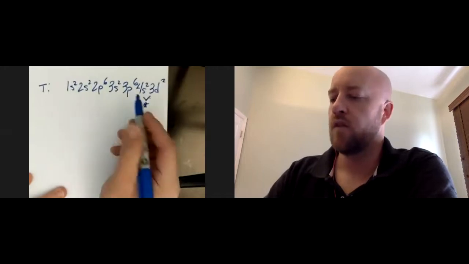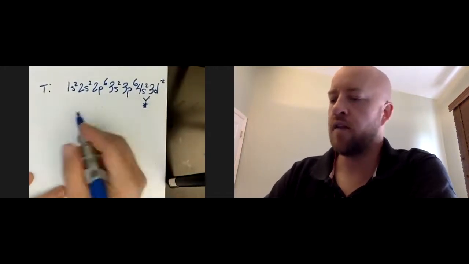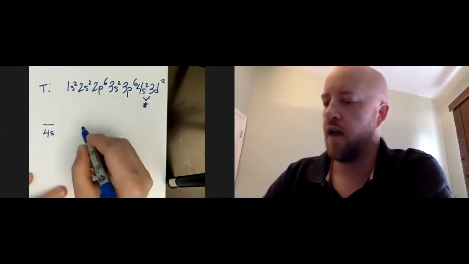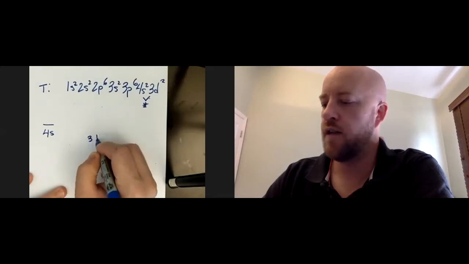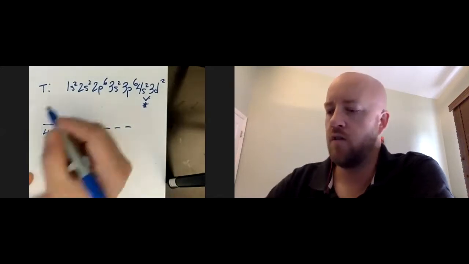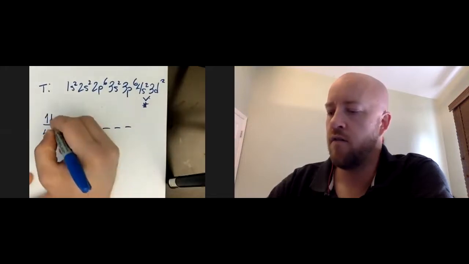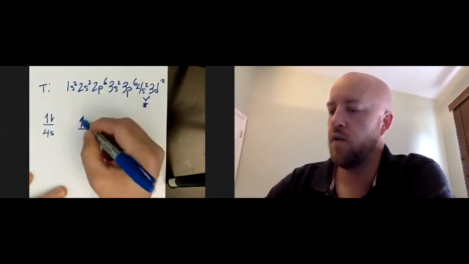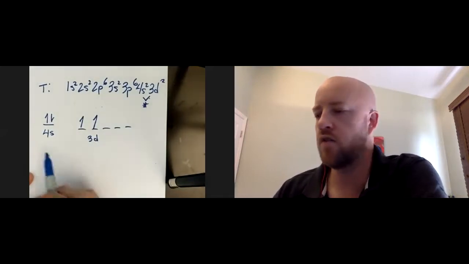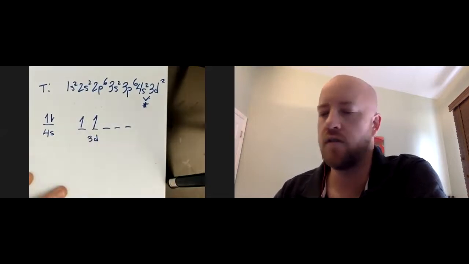So if we were doing the energy diagram, you have 4s and 3d, so it'd be 4s1, 4s2, 3d1, 3d2. Again, that's just representing the highest energy levels.